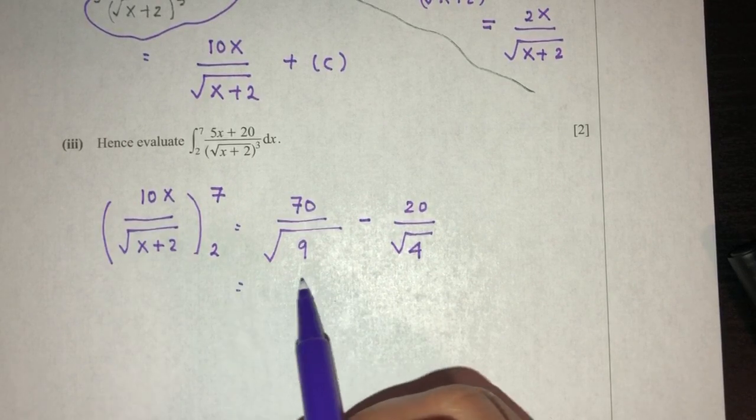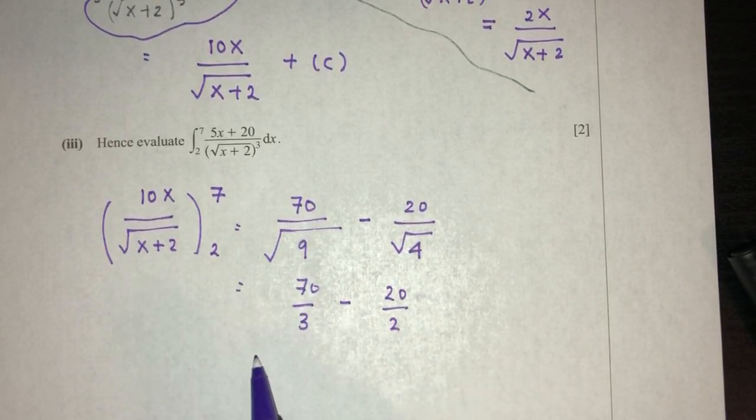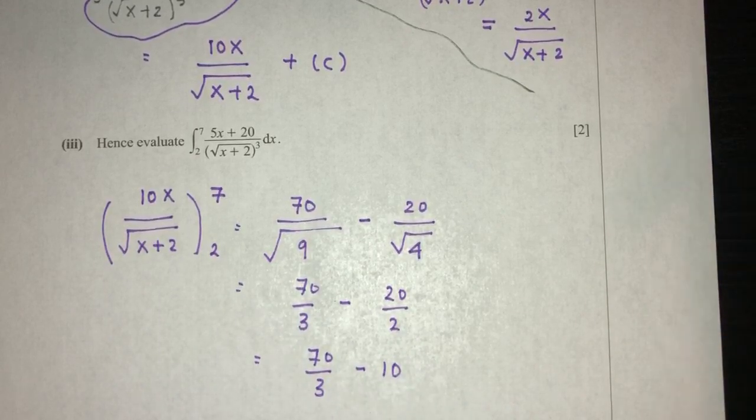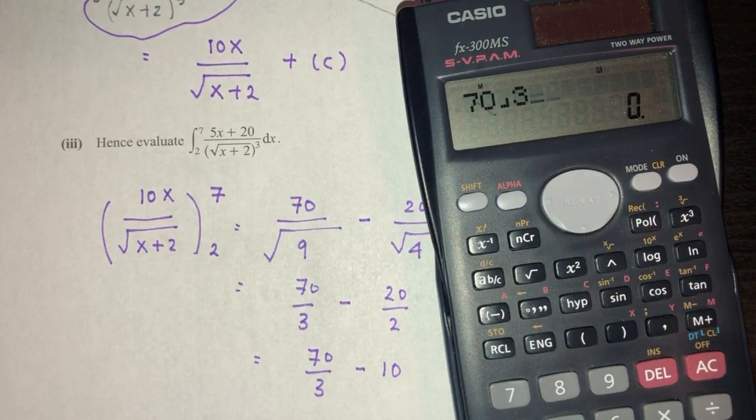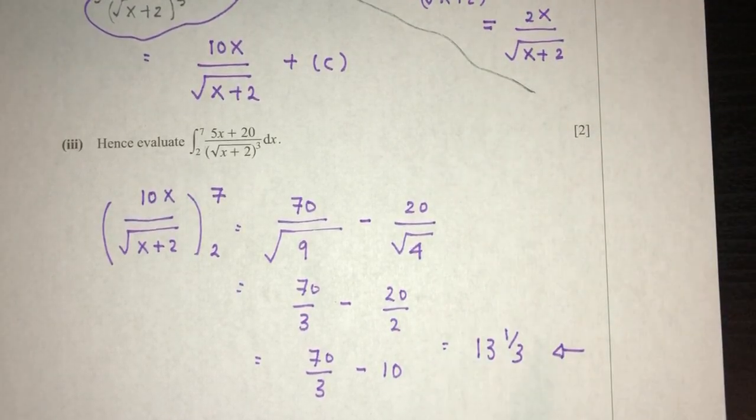That will give you 70 over 3 minus 20 over 2. 70 over 3 minus 10. That will be 13 and 1/3 as your answer. That will be your question number 9.